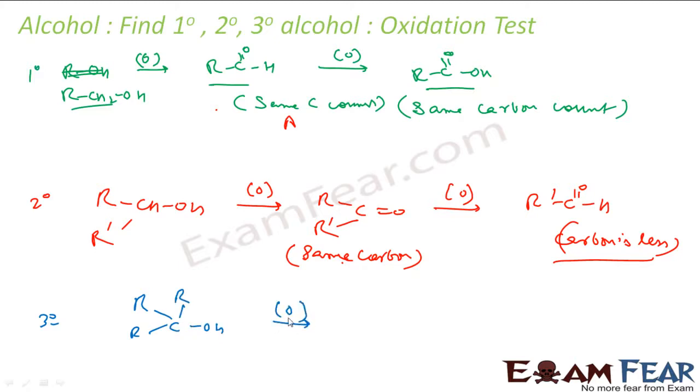We do oxidation, generally it doesn't work, but under extreme condition only this happens and it will give you ketone. Here also if you see, less carbon. From here only you can make out it is a ketone. Sorry, 3 degree alcohol, and here it will be the same process. So it will again be less. So with these observations, you can tell whether a particular alcohol is primary, secondary or tertiary.